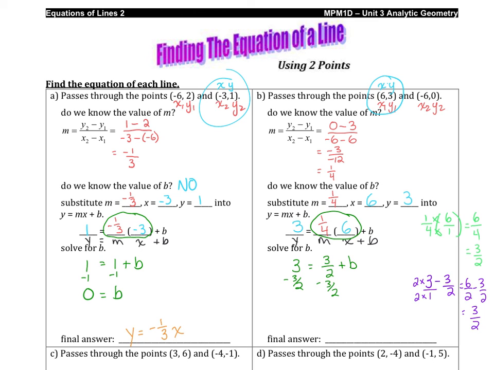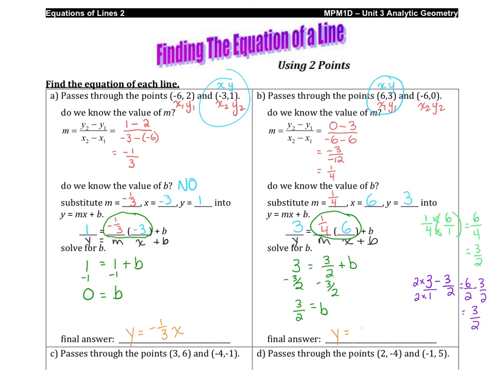So that becomes the y-intercept. It's just a coincidence that it's 3 over 2, which is what it was before. And then now your equation. Keep y's and x's as y's and x's.